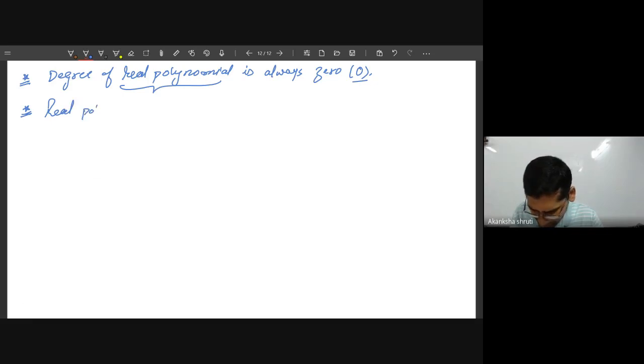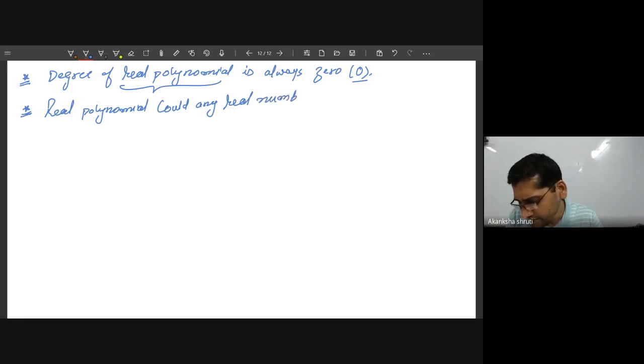A real polynomial could be any real number except or excluding 0.